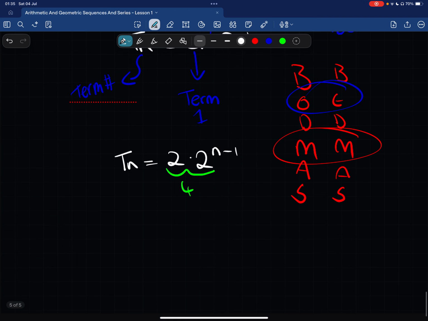Well, now let's see if our formula is correct. So let's try T1, and we'll say T1 is equal to 2 times 2 to the power of 1 minus 1, because this one and this one match up. Okay, so I know from BODMAS, BEDMAS, whatever, that 1 minus 1 is obviously 0.